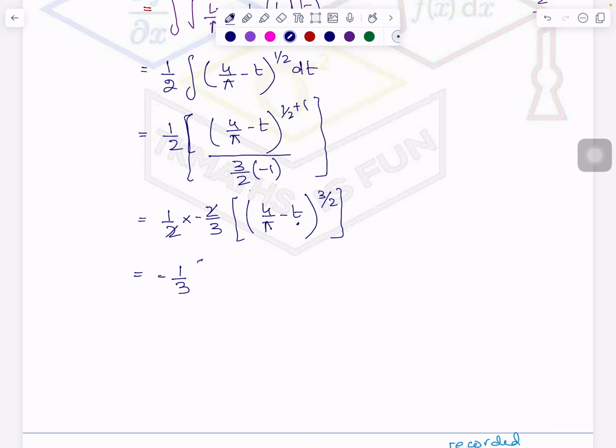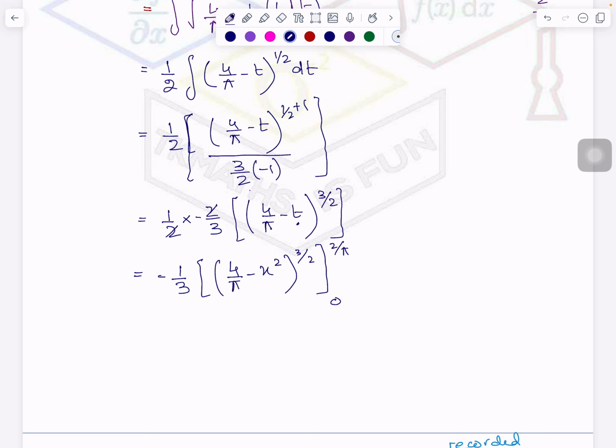So it will become what? 4 pi minus x square, because t is equal to x square we have taken, and I will apply the same limit, because those limits were for, they were for what? They were for x. So 2 over root pi.